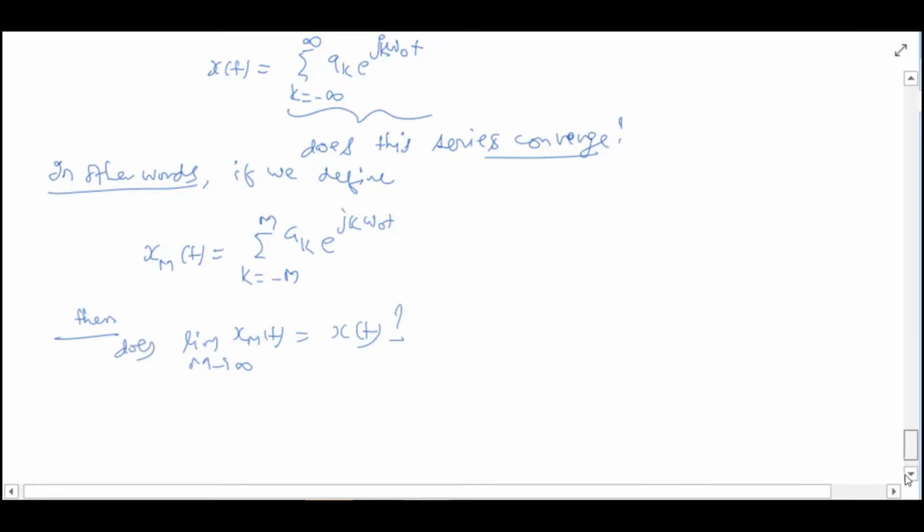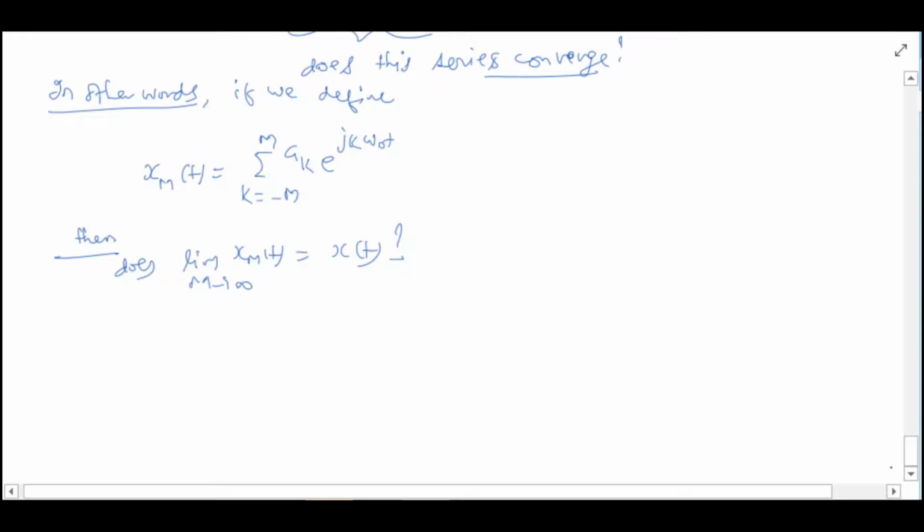Okay, so this is the question that we would like to answer, because the very definition of Fourier series relies on convergence of this. We answer this question by the following theorem.